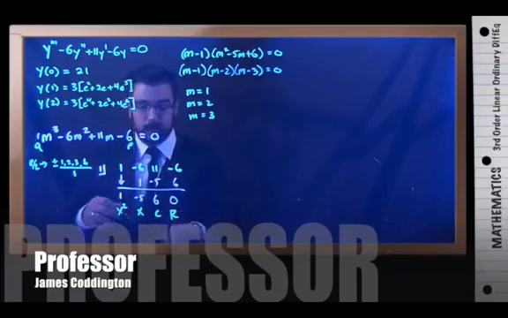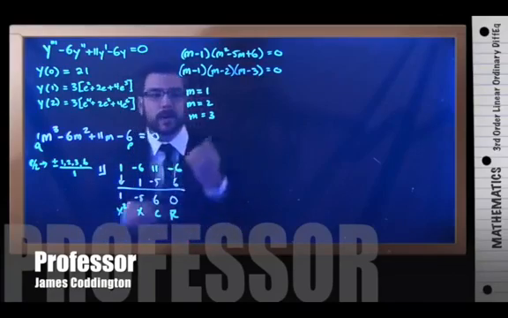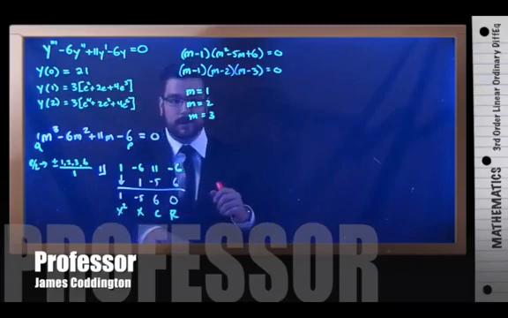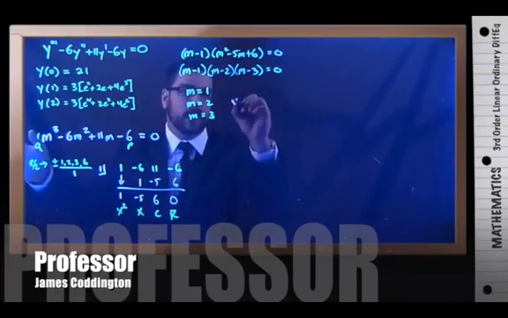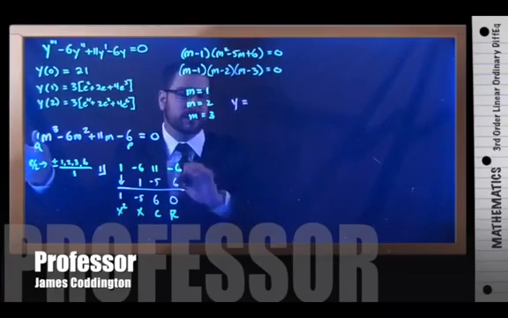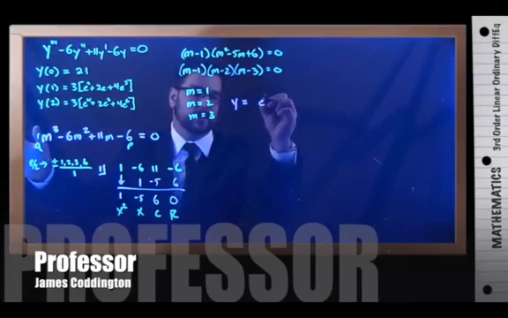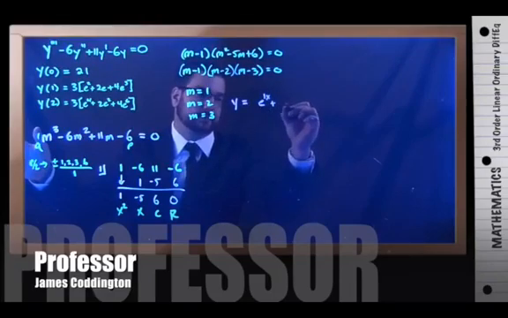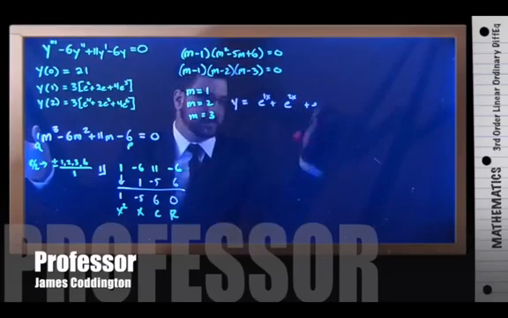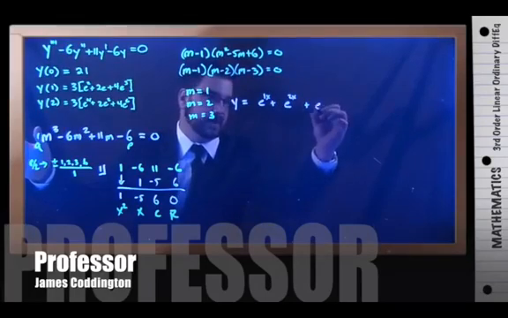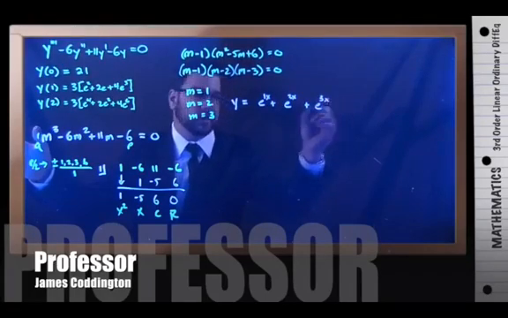All right, what do we do with that? Well, we are going to go ahead and write the following. Y is equal to, I'm going to leave some parts out right away, but then put them back in, e to the 1x plus e to the 2x plus, oops, I need some space here, e to the 3x.